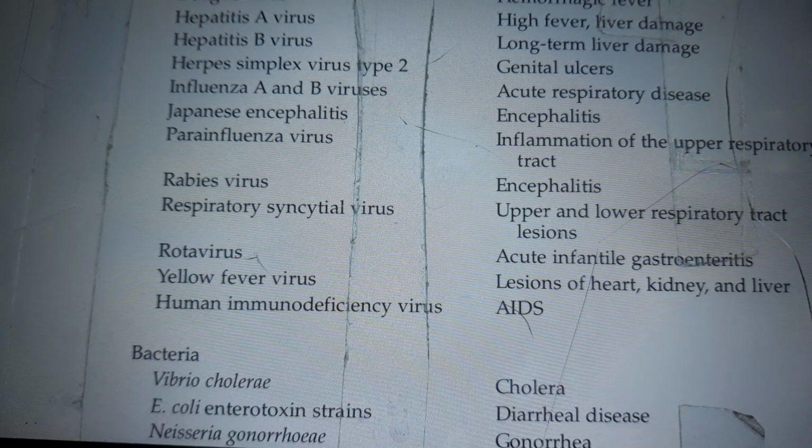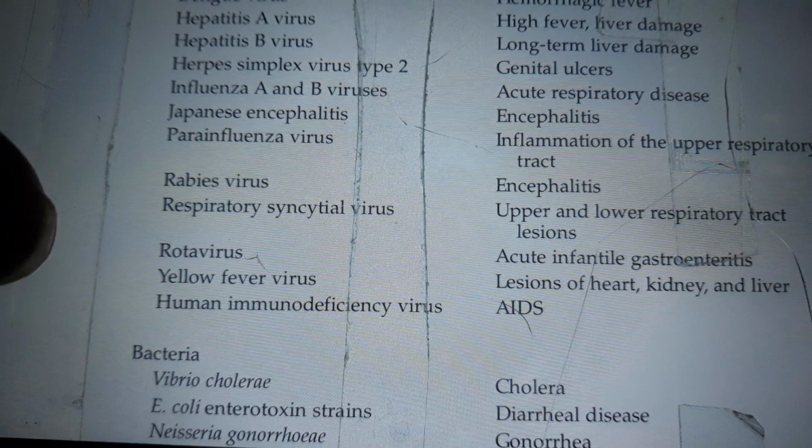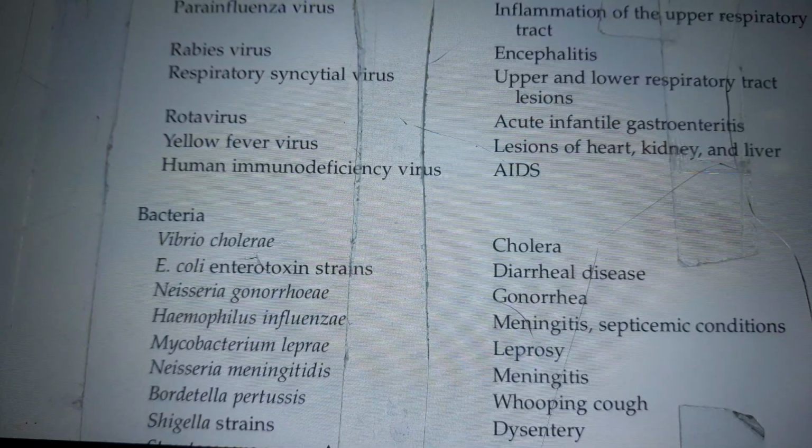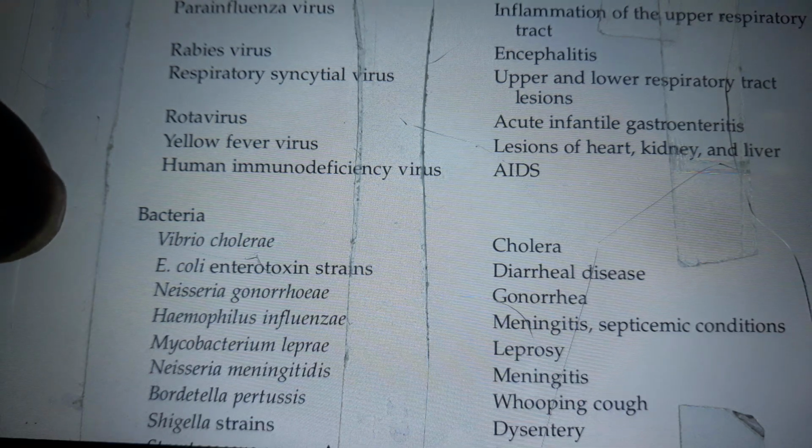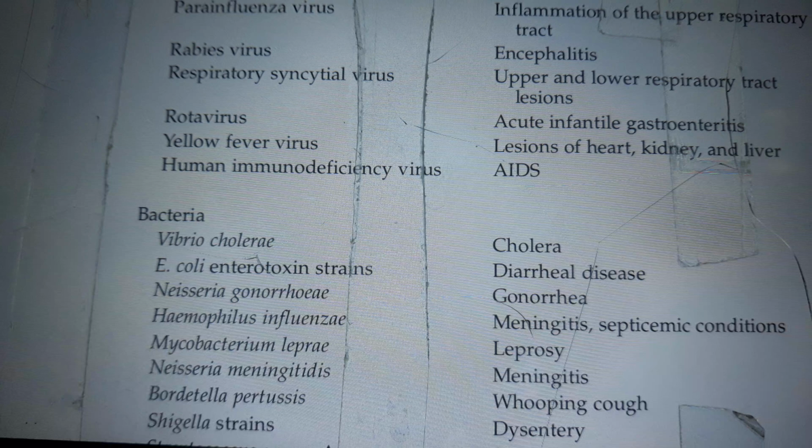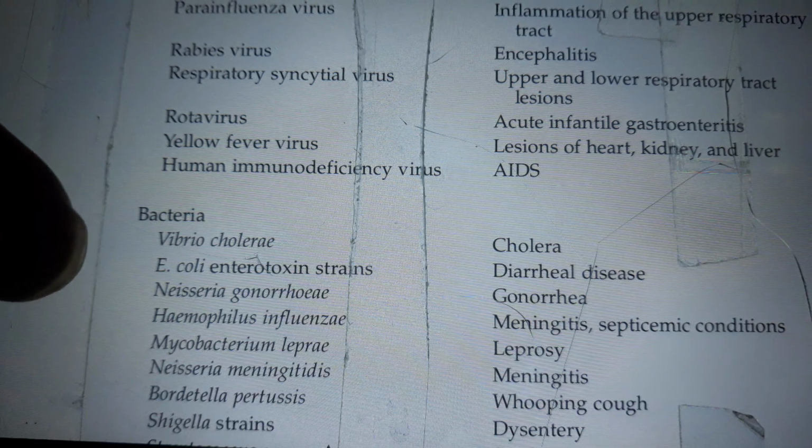respiratory tract; rabies virus, encephalitis; respiratory syncytial virus, upper and lower respiratory tract lesions; rotavirus, acute infantile gastroenteritis; yellow fever virus, lesions of heart, kidney, and liver; human immunodeficiency virus, causing AIDS.